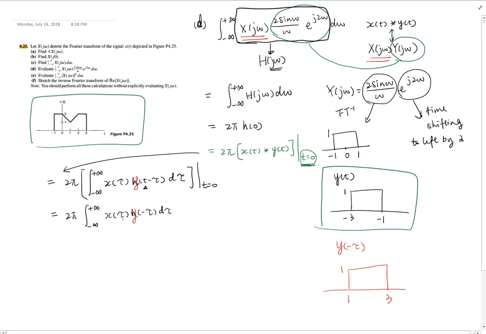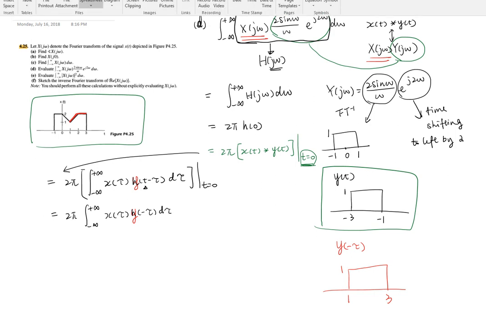And notice this, when we do the multiplication of x(τ) and y(-τ), we actually get this part of the signal, which is a part of signal x(t). And we're doing the integral on this signal.